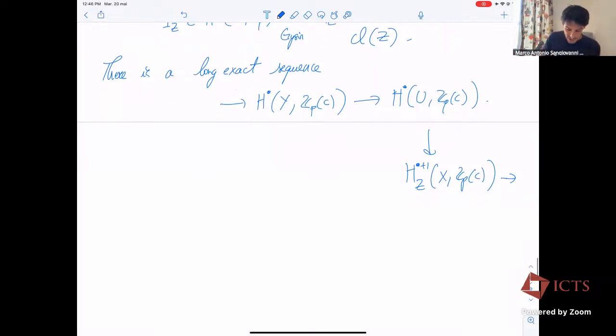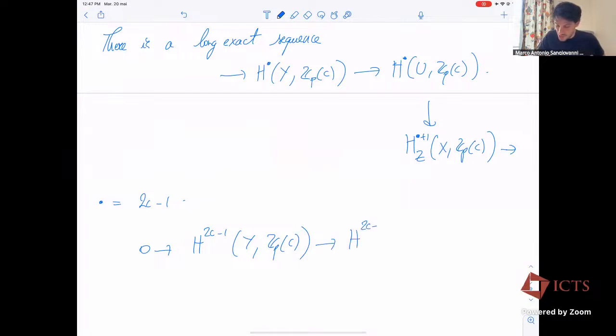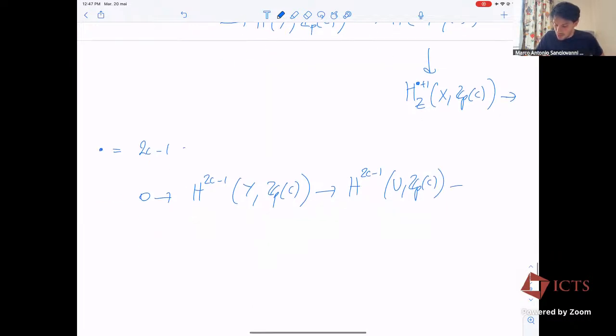And so if you take the degree to be 2c minus 1, you get 0 goes to H^(2c-1) of Y, Z_p(c), goes to H^(2c-1) of U, Z_p(c), which goes to H^(2c) with support in Z of X, Z_p(c).